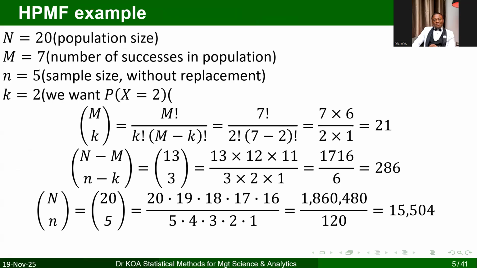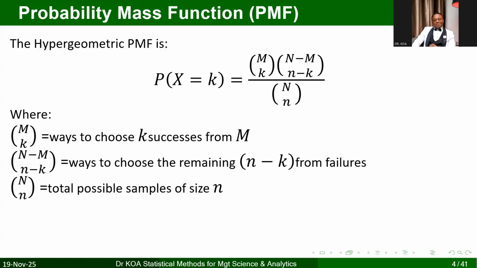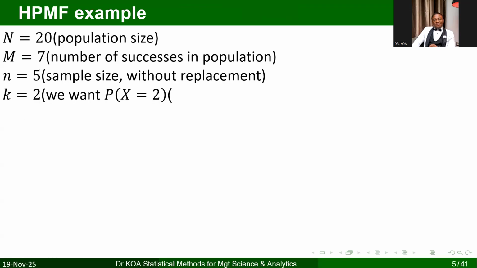We are going to take a simple example to work out. Let's assume that you have a population of size 20. It doesn't matter what the population is: items, goods, human beings, anything. The number of successes in that population is 7.